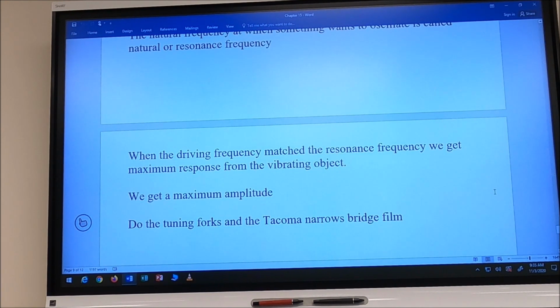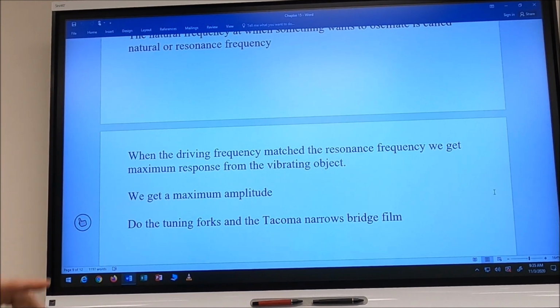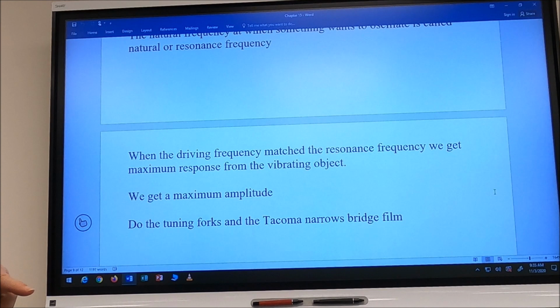You can make it sing. You've seen people go online, look it up, watch people bust a glass with sound frequency or with their voice singing the right noise. They're putting in a driving frequency that matches the frequency at which that glass wants to oscillate. And when you hit that and you pop in enough energy, the glass will shatter.